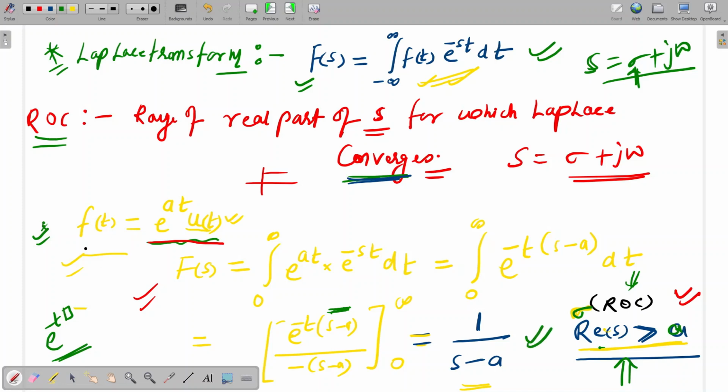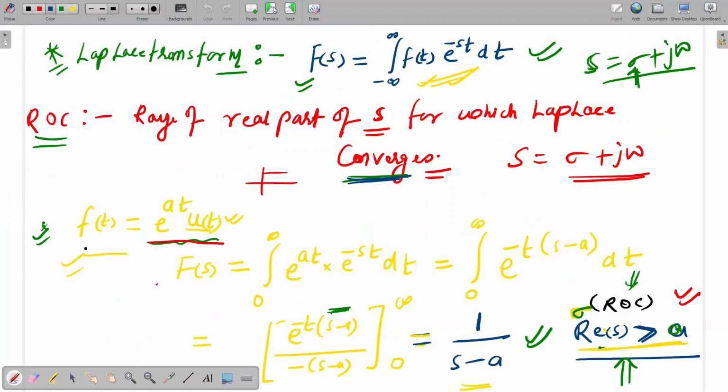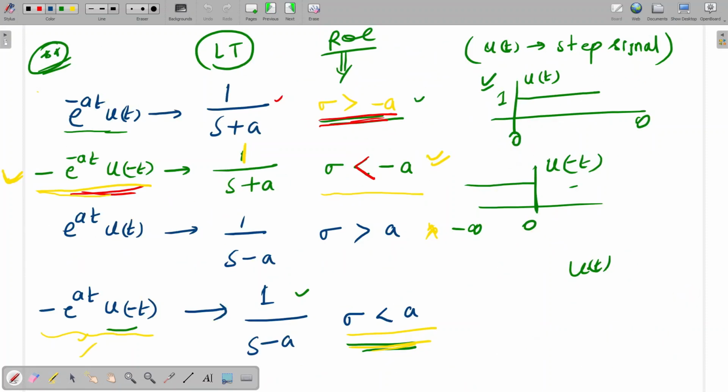Okay. So based on this, I have already directly written some formulas here. First, e to the power at u(t) I have written here. This one we can see is e to the power at times u of minus t. What should be the ROC?